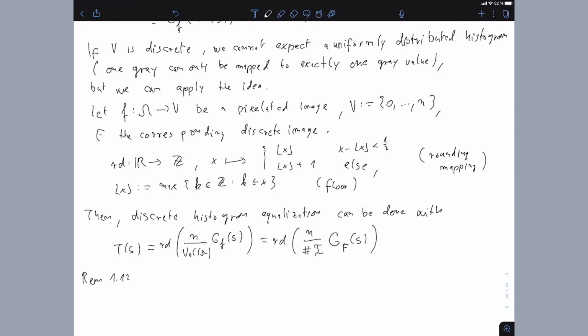And another application of exactly the same idea is histogram matching.